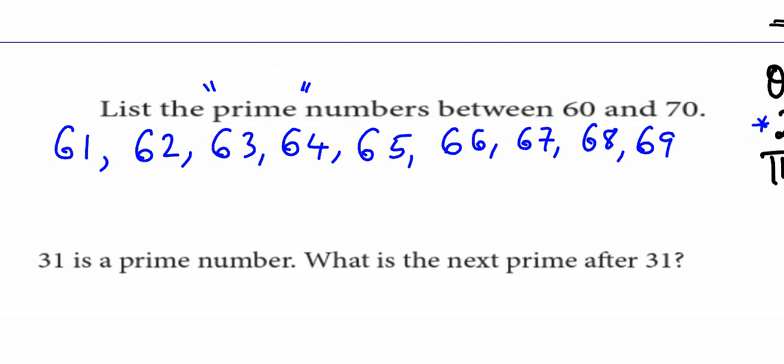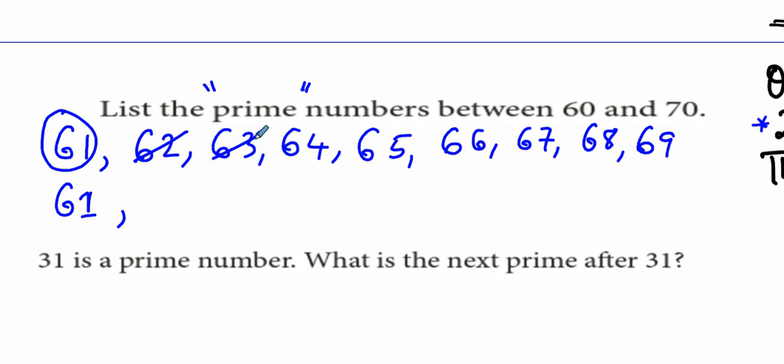Which numbers are prime? 61, yes, 61 is divisible by 1 and itself, so 61 is a prime number. 62, no. 63, no, it is divisible by more than two factors.